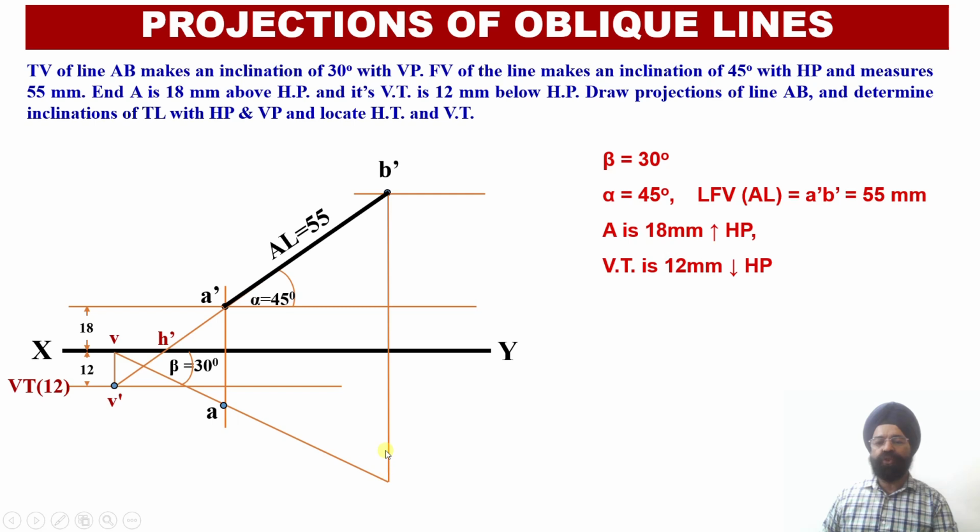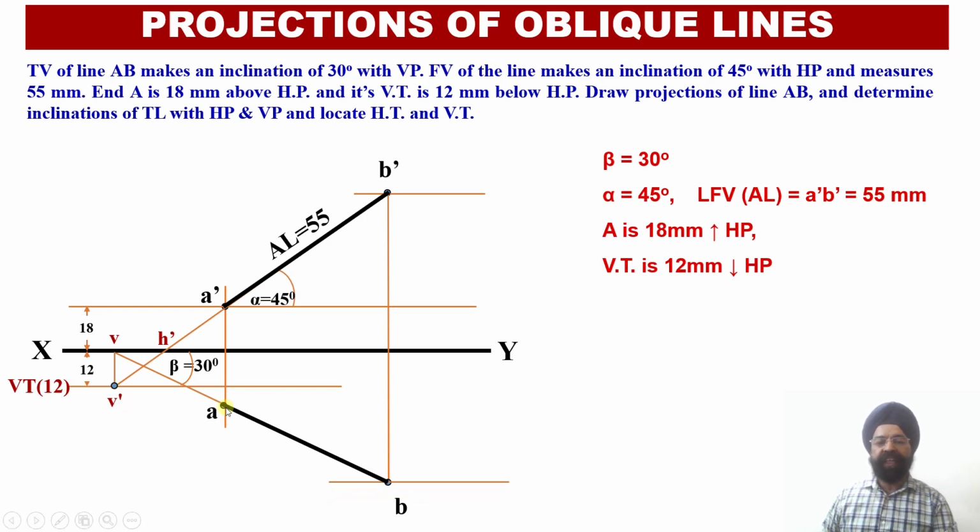So wherever these two projector lines intersect, I will be able to obtain the second point of the plan apparent length or the plan projection line. So this way AB, that is the plan projection line, has been obtained onto the horizontal plane, that is in the top view projections over here.